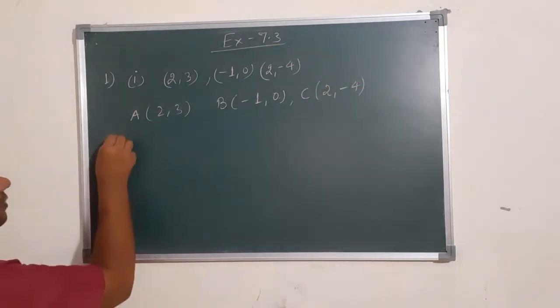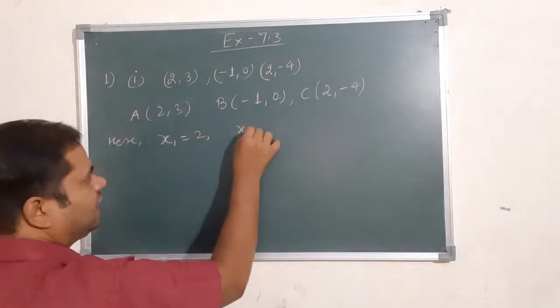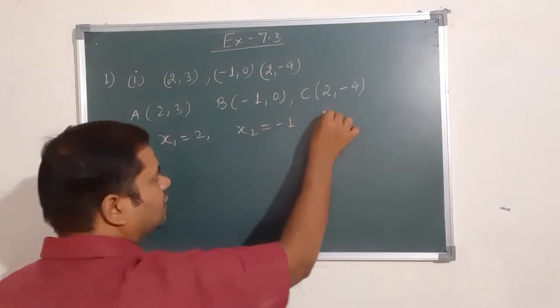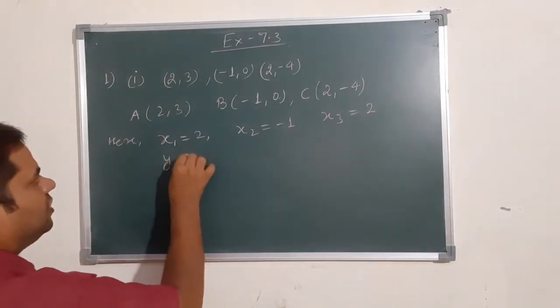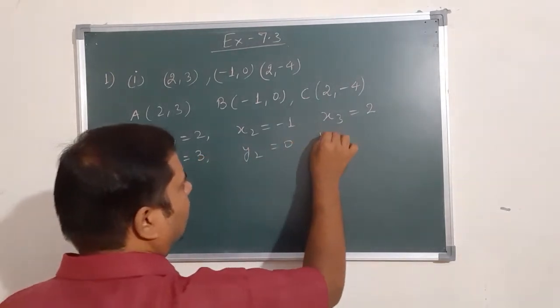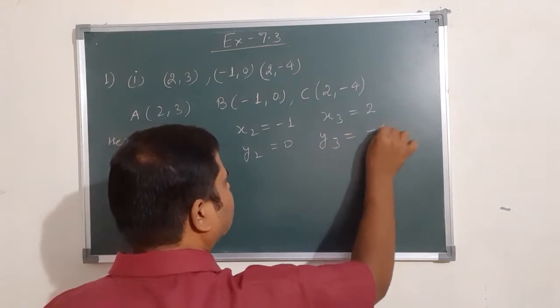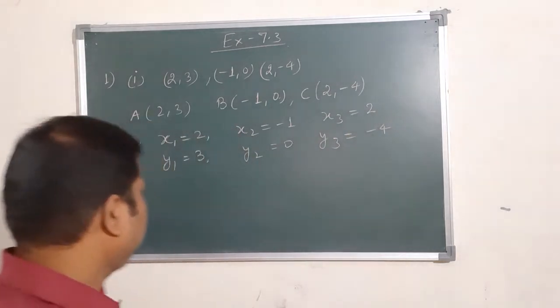So here x1 is equal to 2, x2 is equal to minus 1 and x3 is equal to 2, y1 is equal to 3, y2 is equal to 0 and y3 is equal to minus 4. So area of triangle is given by delta.